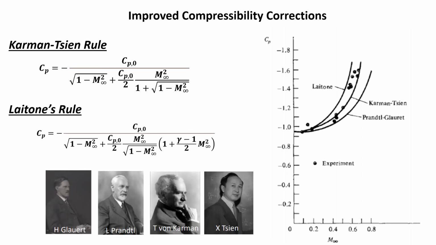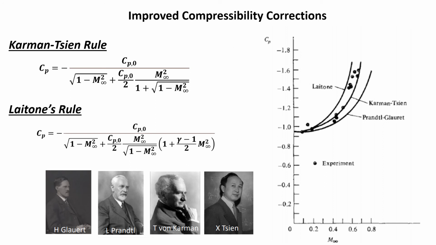Okay, so these are the photos of these four important persons. The first is Hermann Glauert, and actually he died at a very young age, in his, if I remember correctly, 50s, due to an accident. And the next three persons are actually in the same academic family.